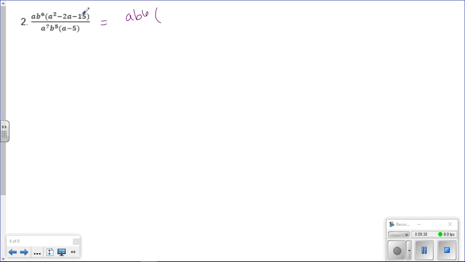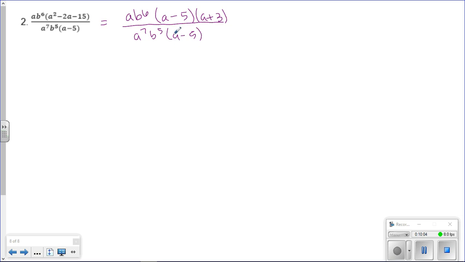So simple ABC, two numbers that multiply to negative 15 and add to negative 2. So that would be negative 5 and positive 3. And then this bottom one, the denominator, I can't do anything with that one. So I'm just going to bring it over.